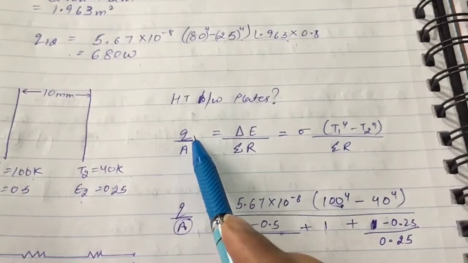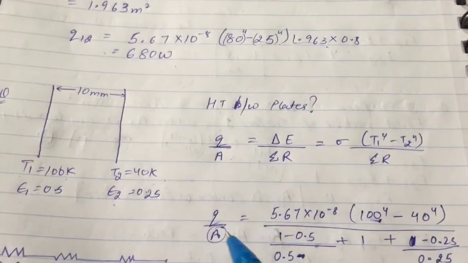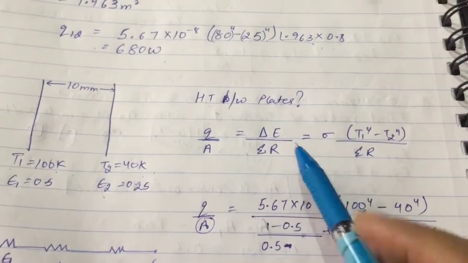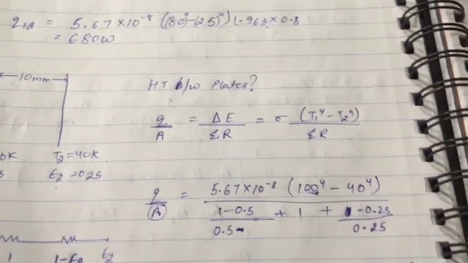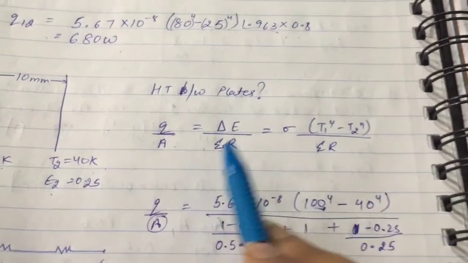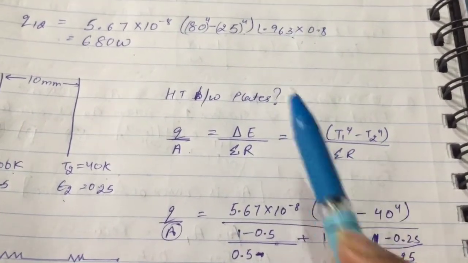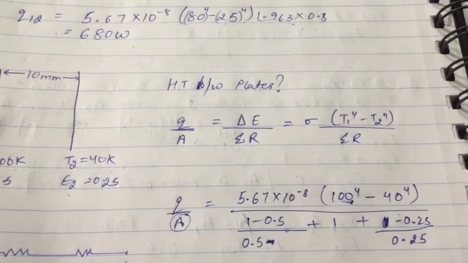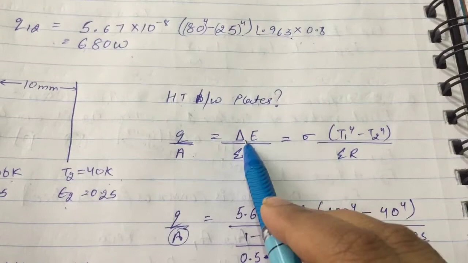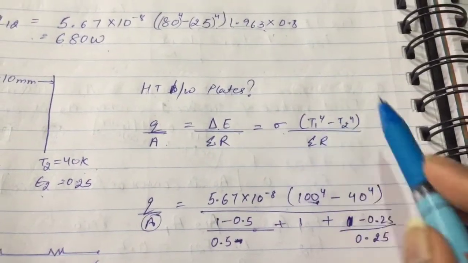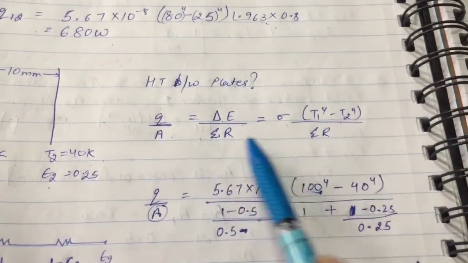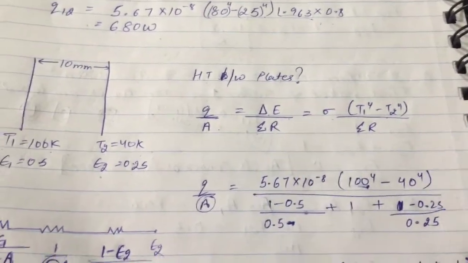We know that Q by A, heat transfer per area, is delta E by summation of R, where E is the energy emitted. Delta E is equal to sigma into T1 to the power 4 minus T2 to the power 4, and we have to calculate the summation of the resistances.